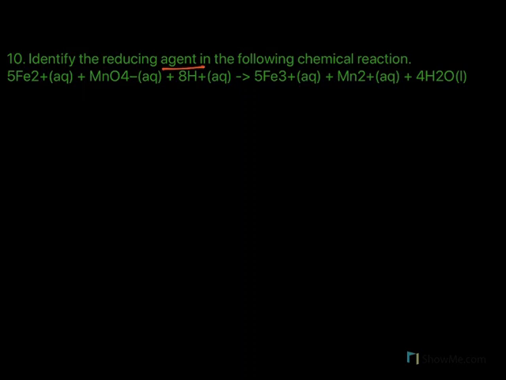Alright, so this question is asking for the reducing agent. Again, this will be the one that is causing the other one to be reduced. It is not the one that is being reduced. Keyword is agent. So just like the last question, we'll assign charges. Feel free to pause and do it yourself, and you can check.